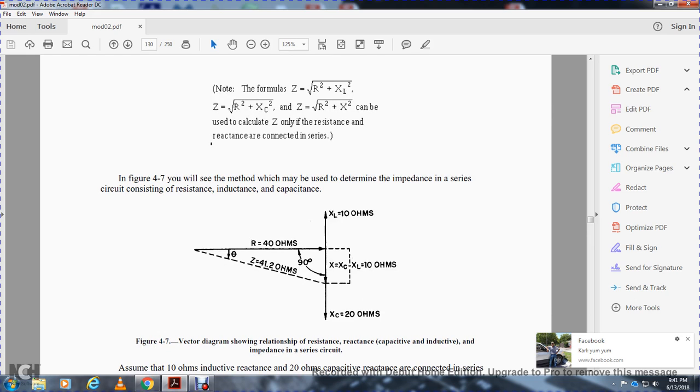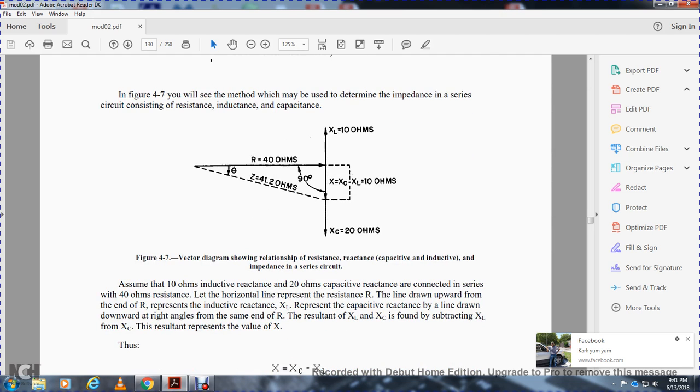In figure 4.7, you will see the method for determining the impedance for a series circuit consisting of resistance, inductive reactance, and capacitive reactance. Assume that 10 ohms of inductive reactance and 20 ohms of capacitive reactance are connected in series with 40 ohms of resistance.